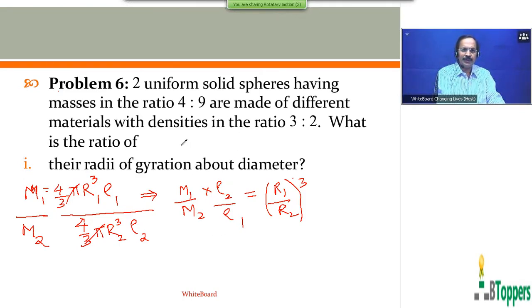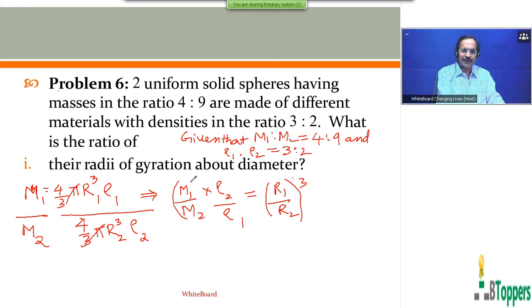So the ratio of the masses is given to be 4:9. So m1 is to m2 is given to be 4:9. And the ratio of densities of the materials of the two spheres is given to be 3:2. So rho1 is to rho2 is 3:2.